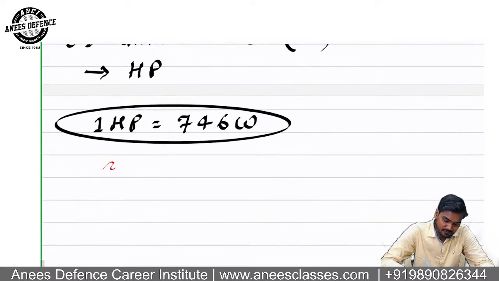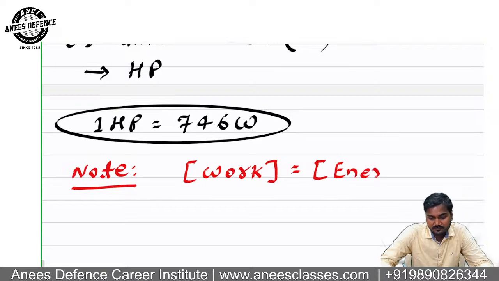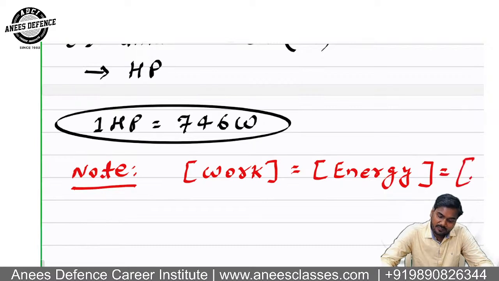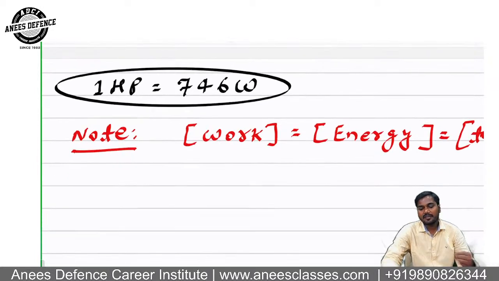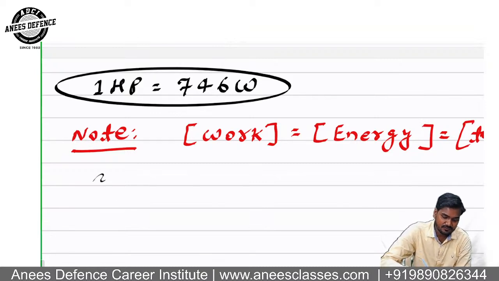Note, the dimension of work is equal to the dimension of energy is equal to the dimension of torque. You can calculate and check. For example, work done is force into displacement.